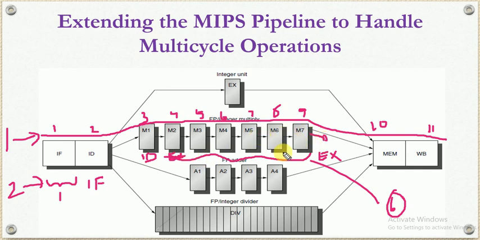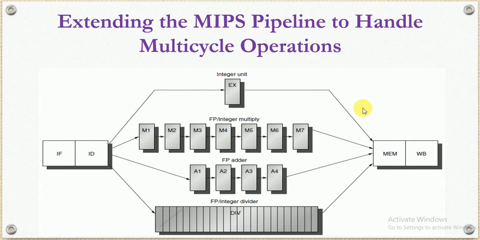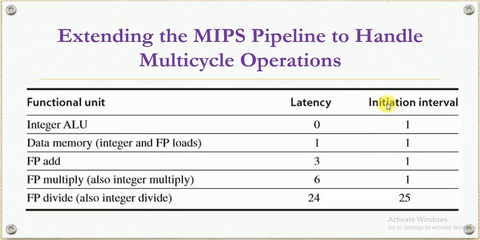So 6 clock cycles will be wasted, and 6 is considered the latency of the FP multiplication operation. So here the latency is 6 and the initiation interval is 1.